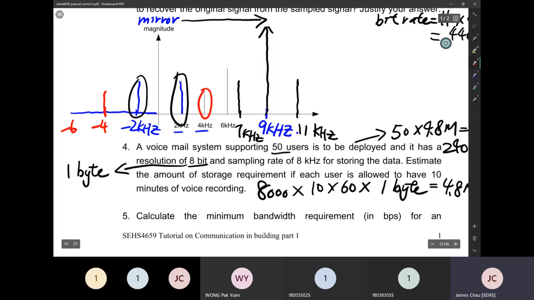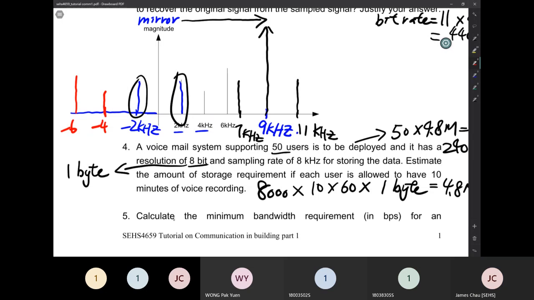At minus 6K, you have this signal. Okay, so you will repeat 4K, 6K, minus 4K, and minus 6K at the positions at the center of 9 kHz.